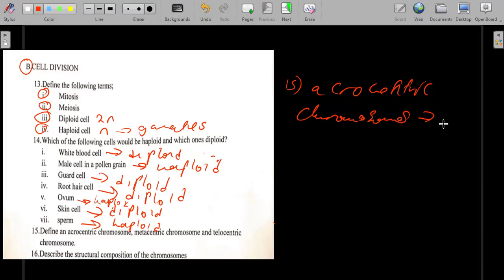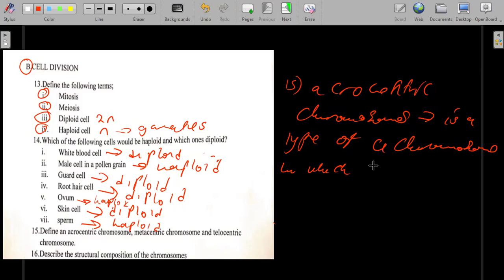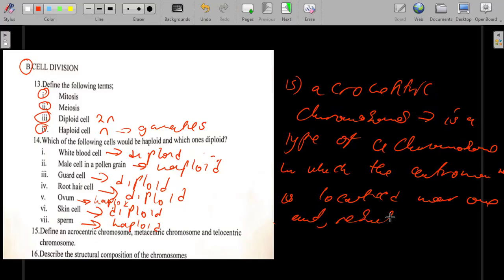So we are saying it is a type of chromosome in which the centromere is located near one end, resulting in one very long arm and one very short arm.